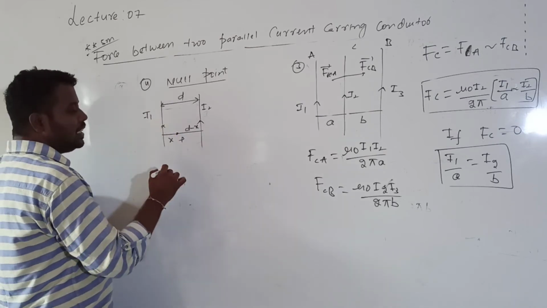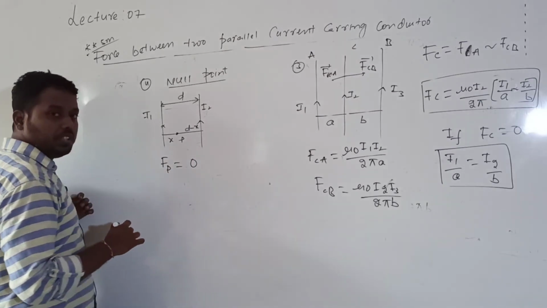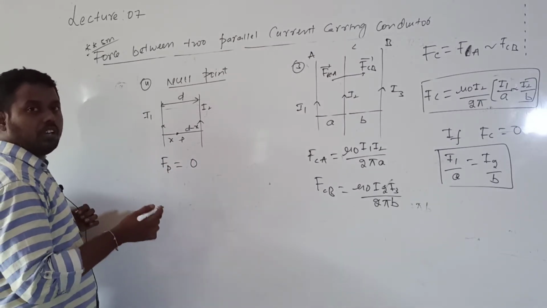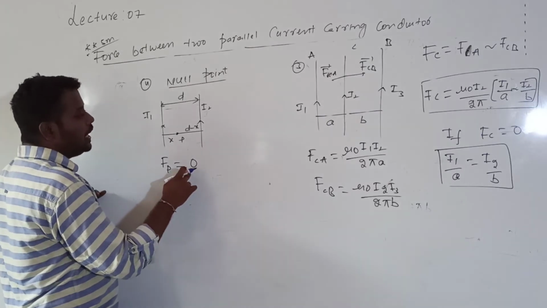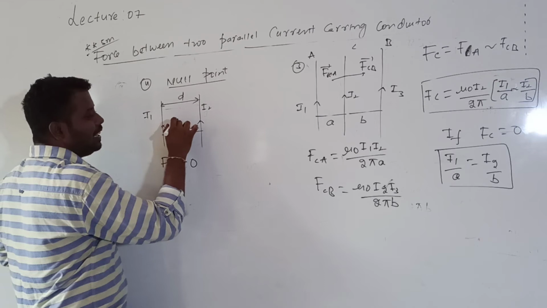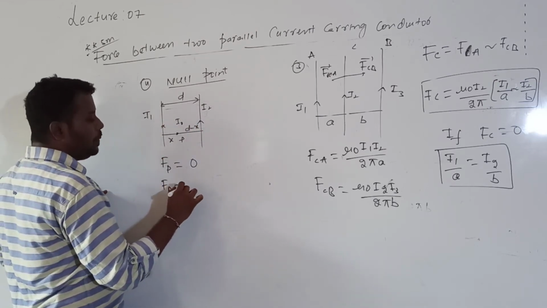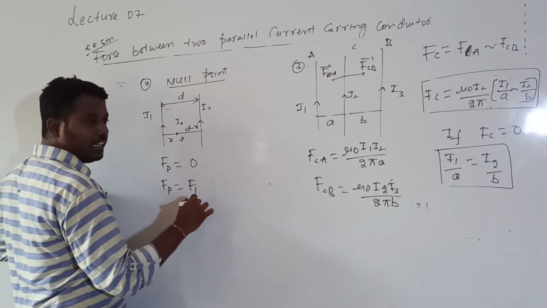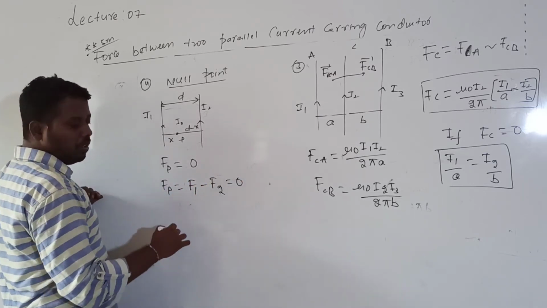Now my condition is that the net force acting at point P should be equal to 0. To calculate the net force, let me consider a test current I naught. Then Fp will be equal to the force due to the first conductor minus the force due to the second conductor, which should be equal to 0.